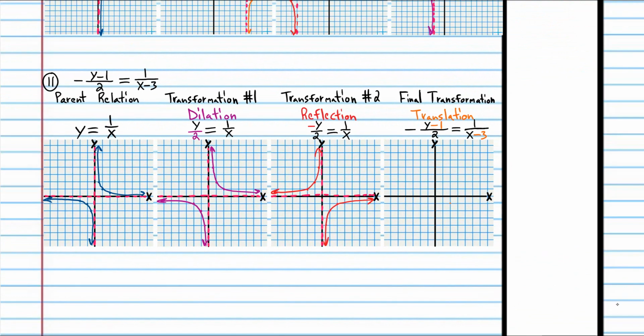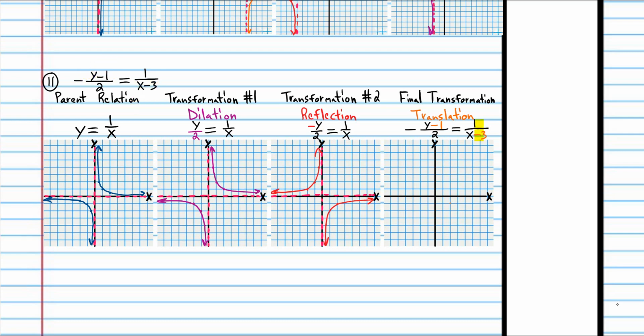Okay, now we're going to rewrite this equation over here. Same exact equation, no difference whatsoever, except we're going to replace y with y minus 1, and we're going to replace x with x minus 3. Why are we going to do that? Because in the equation we're trying to graph, up at the left, we have x minus 3 and y minus 1.